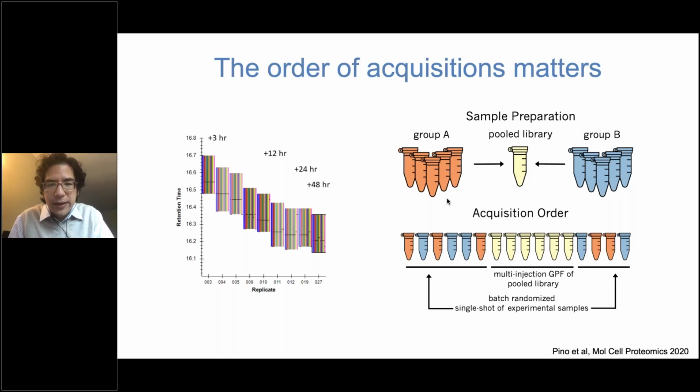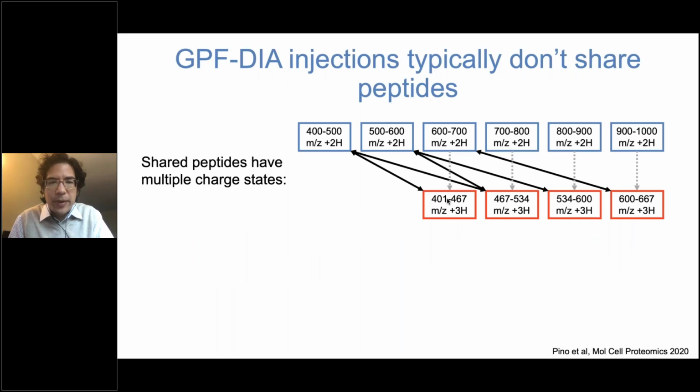The reason is that these gas phase fractions typically don't share very many peptides. They only share peptides that are of different charge states. So for example, if a peptide is a +2 in the 600 to 700 range, then it will also be present in the 400 to 467 range as a +3.